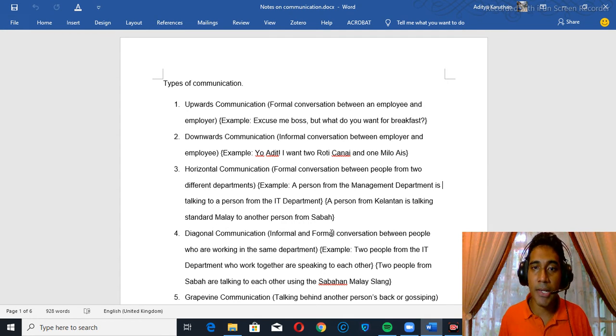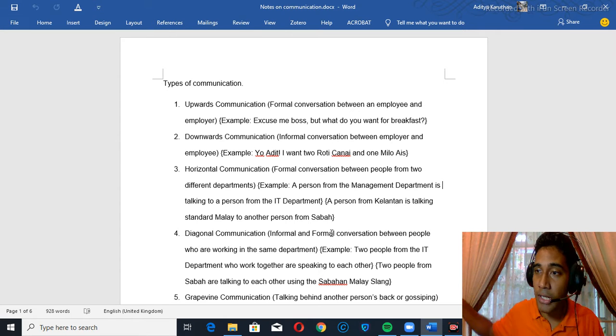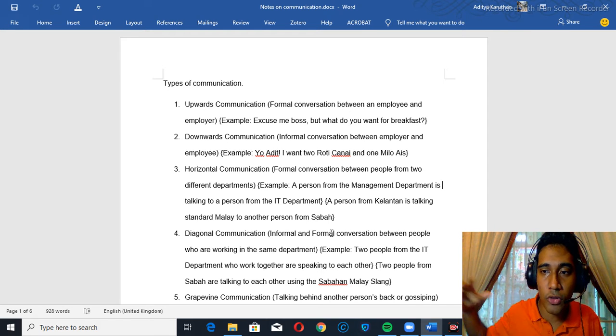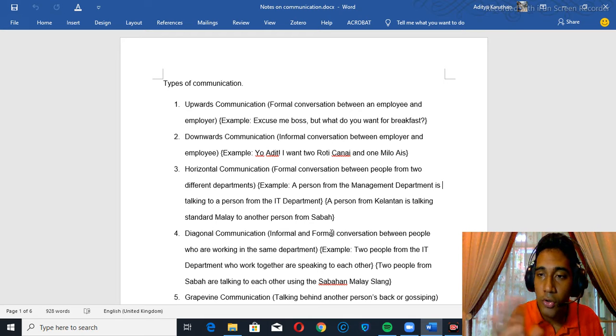Another example is, let's say I speak Kelantanese Malay, the Kelantanese dialect. And my friend is from Sabah. So I cannot speak the Kelantanese dialect to my friend from Sabah because he won't understand me.